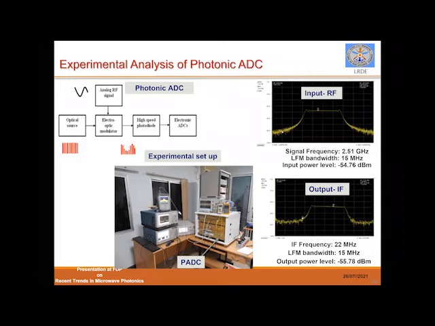So four different types of photonic ADCs are reported. And in this approach, I have chosen the one where the sampling is done through optical means and the quantization is done through electronic means. That is the reason this electronic ADC is there at the fag end.